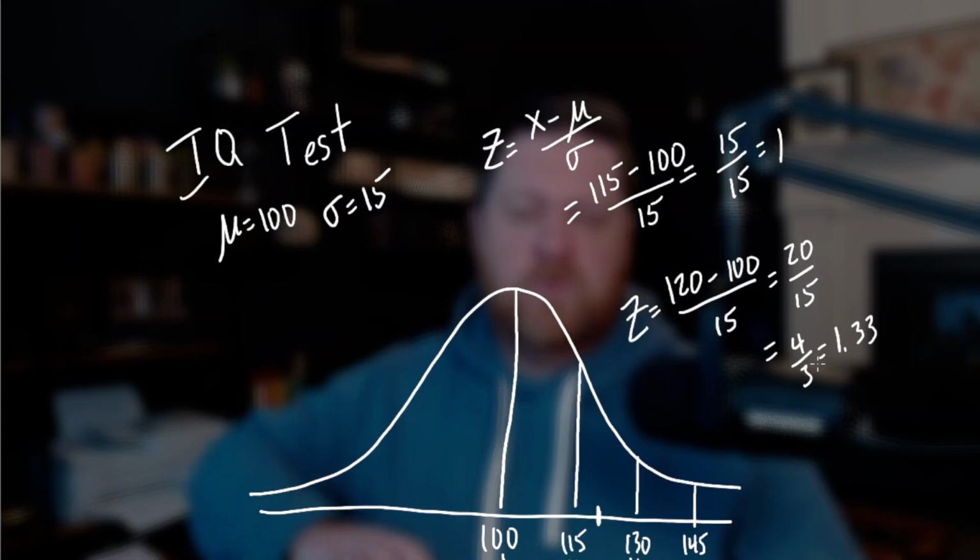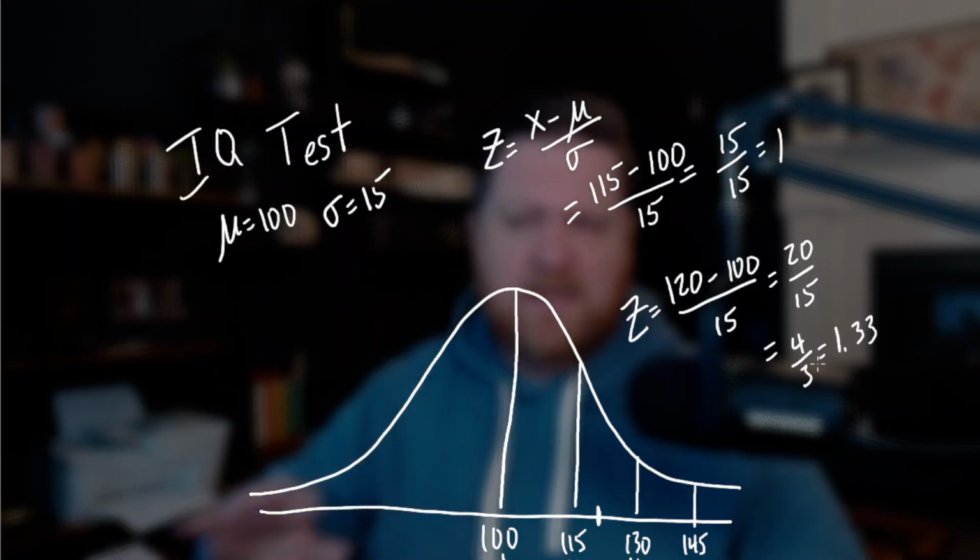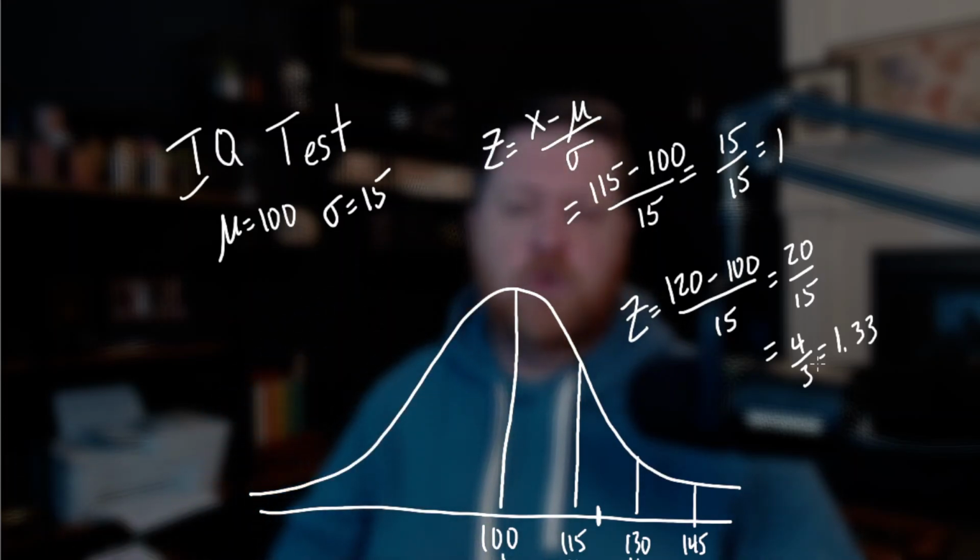Let's say it was a weird IQ test that didn't have a mean of 100, but if you knew that you scored a z-score of 4, all of a sudden you're at the very, very top, because in a normal distribution, a z-score of 4 is way off to the right, right? Because almost all the data in a normal distribution is within 3 standard deviations of the mean.